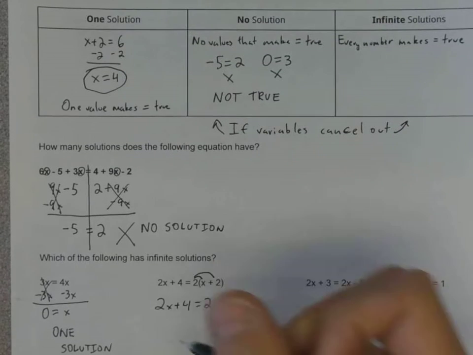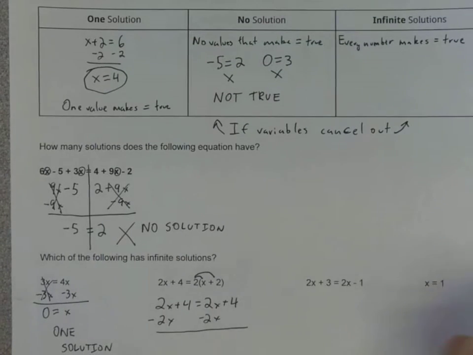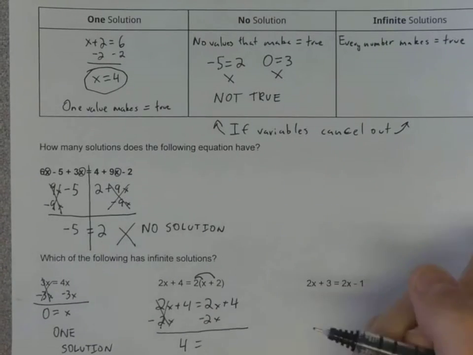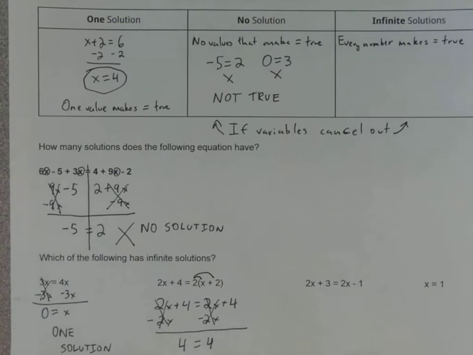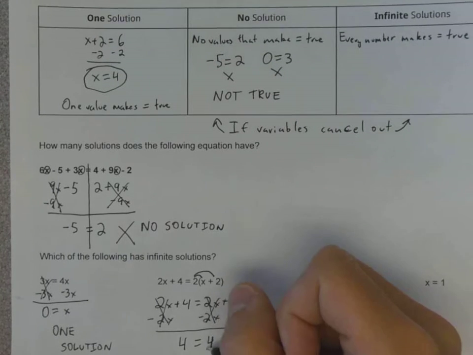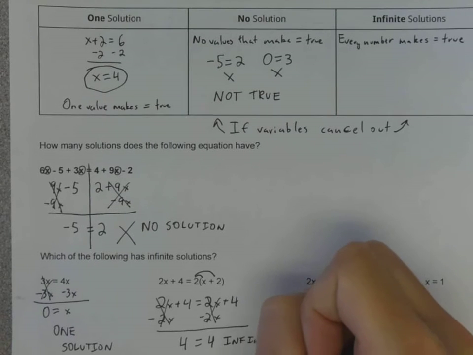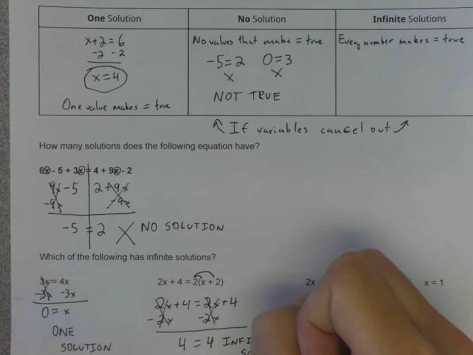But if you didn't recognize that and you kept going, you subtracted 2x on both sides, 2x and 2x would cancel out. We'd have just 4 equals 4, since on this side 2x and 2x would cancel out too. If you're solving and you get something like 4 equals 4, both sides are true. This is an example of infinite solutions.